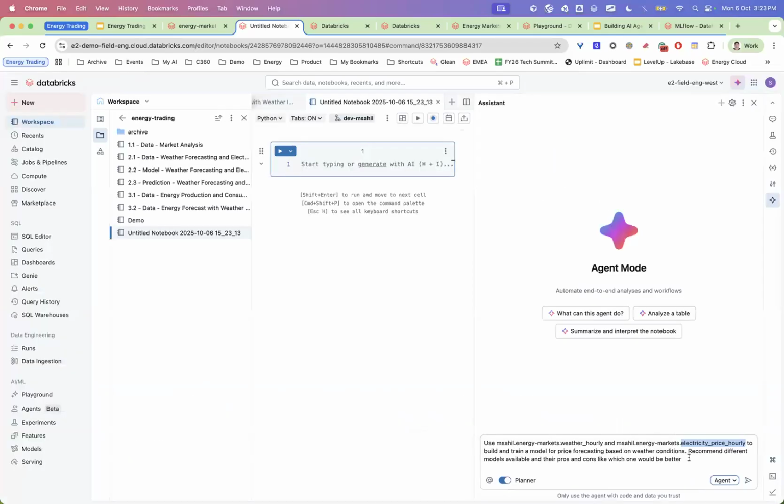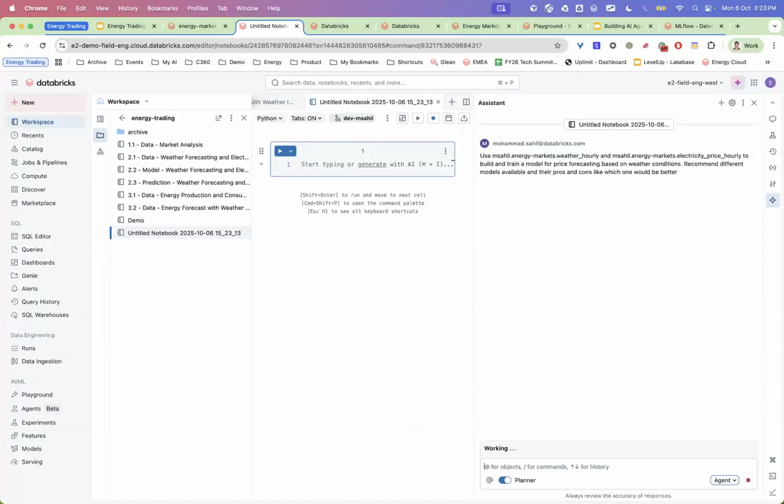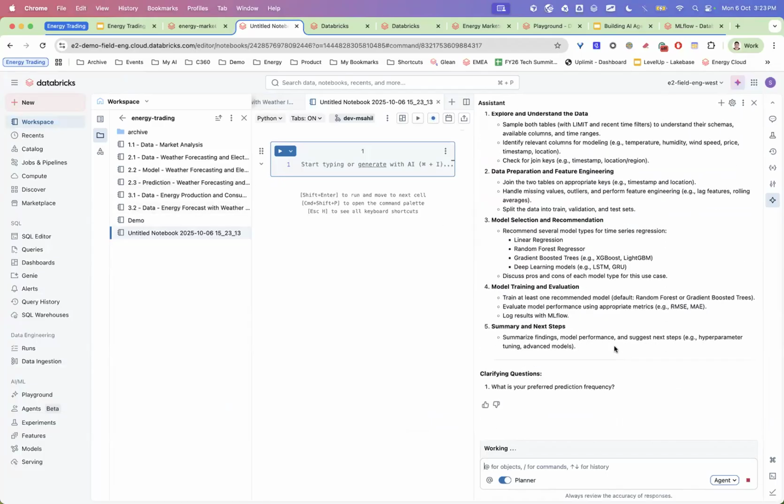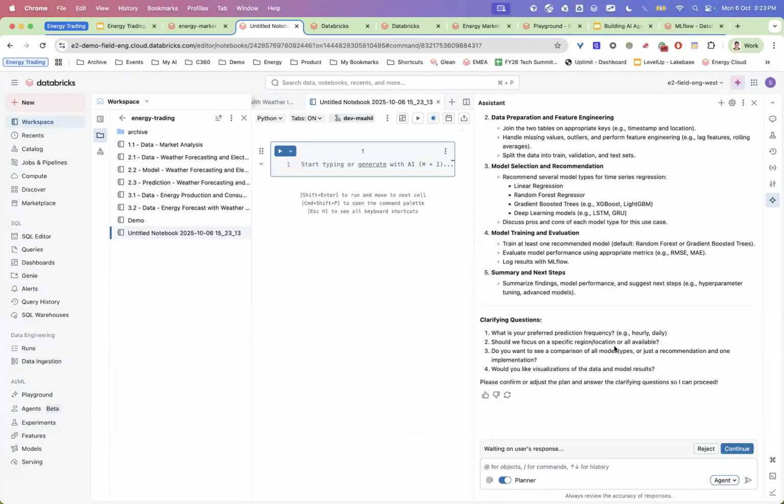What the agent does is analyze the data sources for you. It would recommend the data preparation strategies, feature engineering, and all the recommendations. The idea is to assist data scientists to build these models quickly.